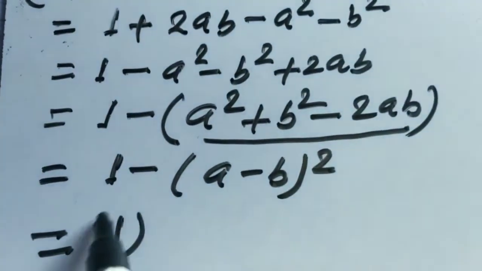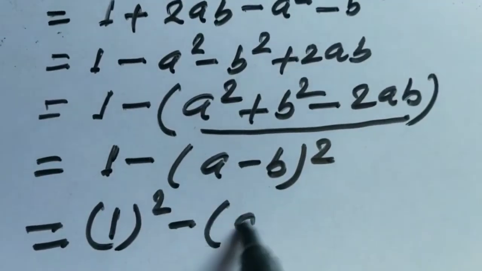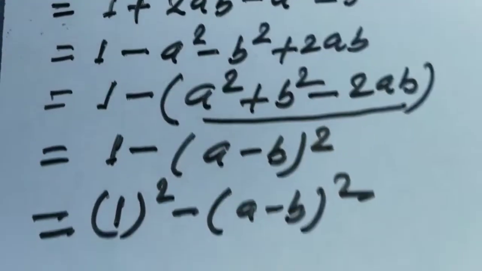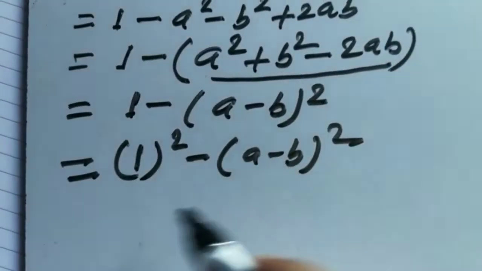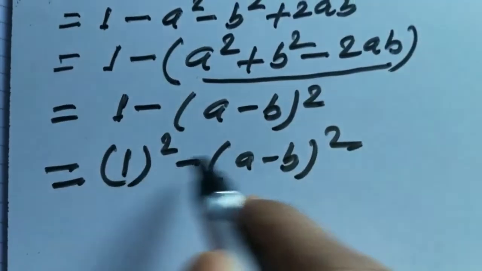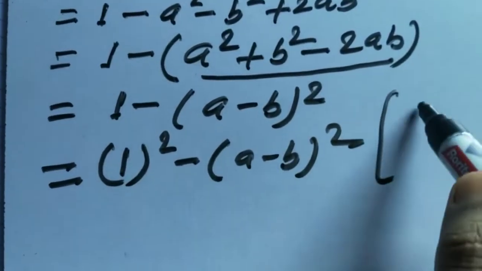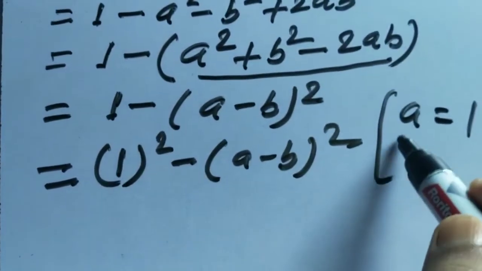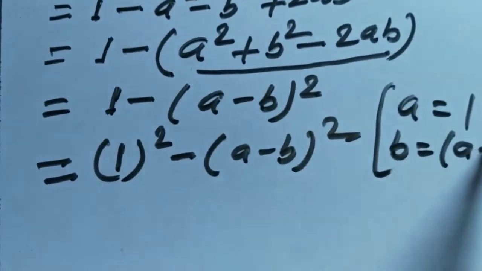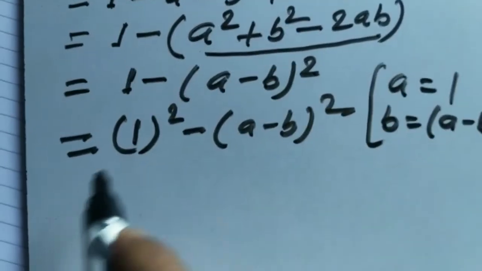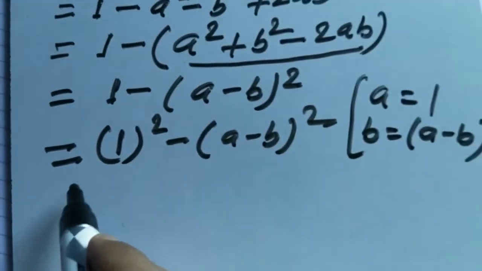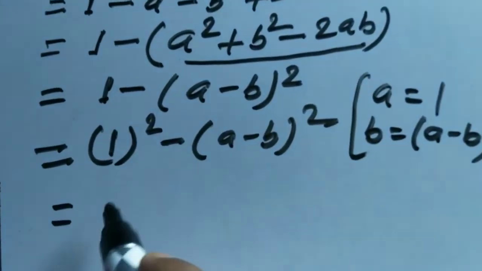So write it as 1 the whole square minus a minus b the whole square. Now this is the identity a square minus b square, at the place of a there is 1, at the place of b there is a minus b. So a square minus b square is equal to a minus b, a plus b.